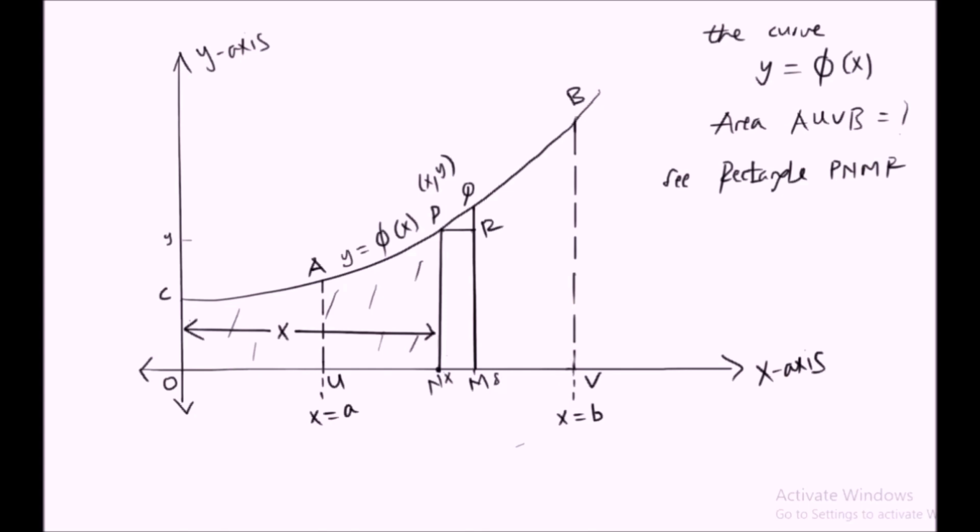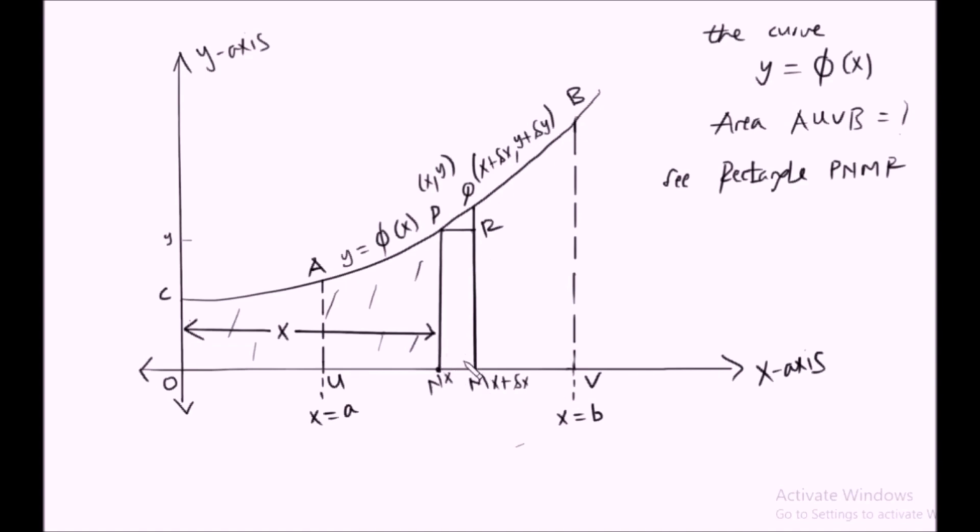Alafu coordinates za Q ziwe x plus delta x, y plus delta y. Kwa hiyo kutoka N mpaka M imeongezeka delta x, na kutoka P mpaka Q in the vertical direction imeongezeka delta y.